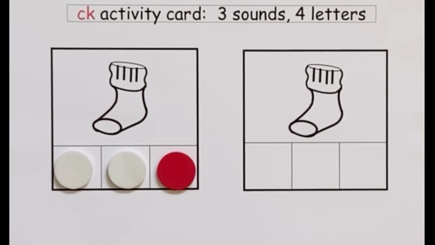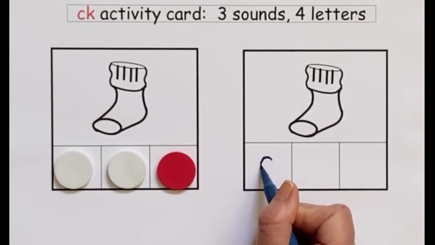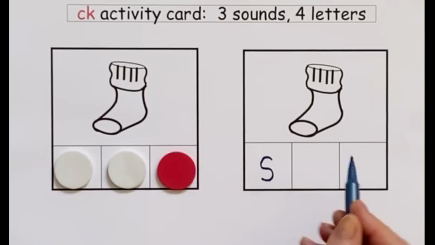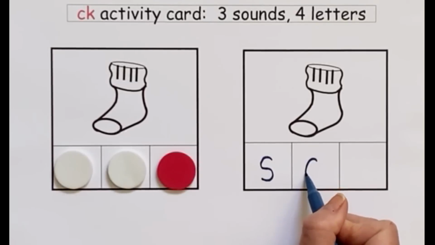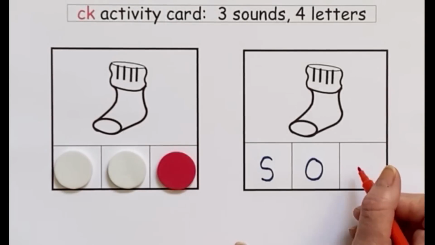So let's look at the word closely. When we pushed up our first sound, it was s, and that is represented by an S. Then we had ah. That is a short O. And then we had k, which is usually made with a hard C or a K. But in this case, the CK come together to make the k.